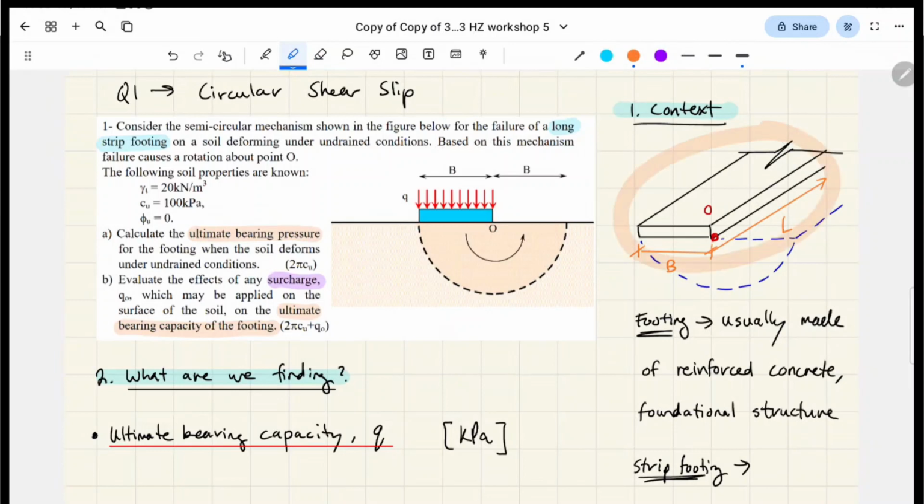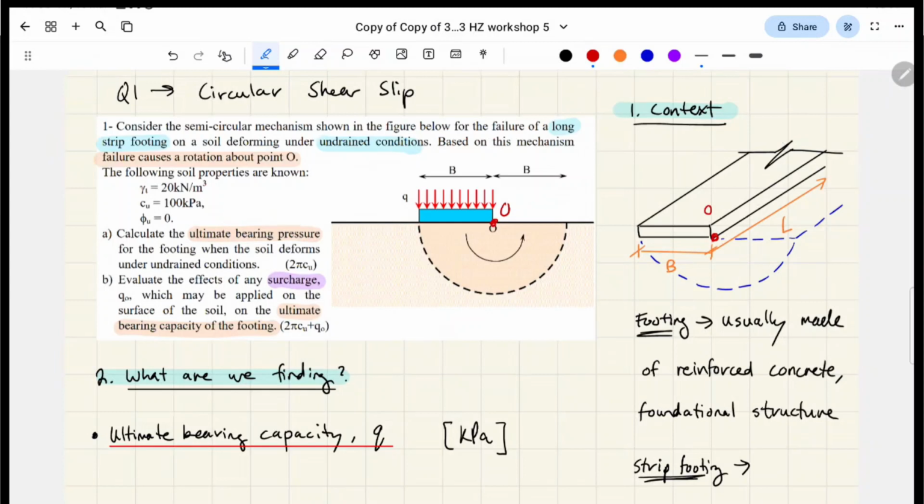Strip footing means that the length which runs into the page is much bigger than our width or our breadth. And we're going to be analyzing this question under undrained conditions. We care about point O because the failure is going to rotate about that point. So that's this point here. That's point O, okay?